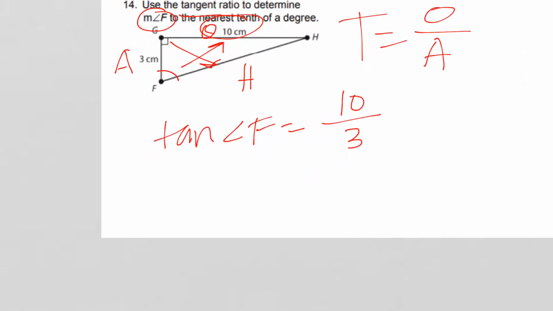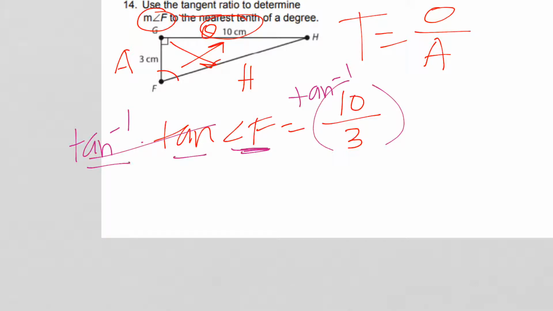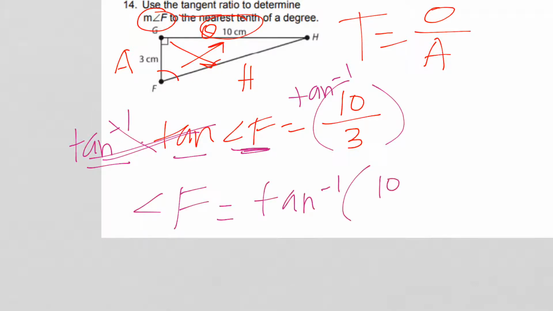We learned in 18.1 and 18.2 that in order to get rid of a trig function to find the measurement of an angle, you multiply by its inverse. So I'm going to multiply both sides by the inverse of tangent so that tan and the inverse can cancel out. So I'm left with angle F equals tan inverse of 10/3.